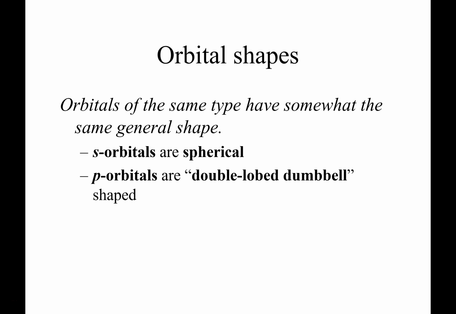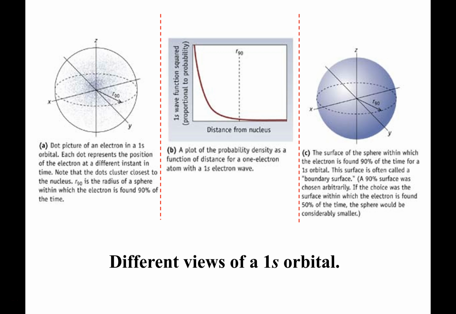If it's a p-type, we have three orbitals, and it's going to be like a dumbbell shape, and where the two lobes of the dumbbell come together, that's where the nucleus is. So remember when we see a diagram like this, it kind of looks like a buzzing beehive? Those are locations where the electrons can be. So the denser the buzzing, the more likely electrons are to be there.